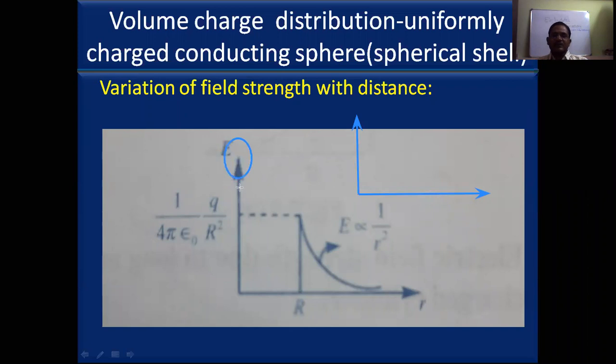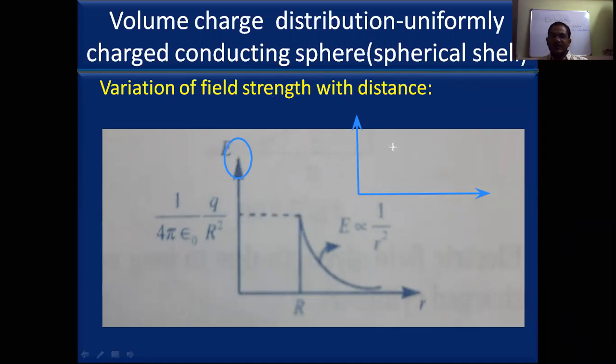This is the conducting sphere. At the center, there is no field strength. From the center to any point inside the sphere, up to the surface, the field is 0. Therefore, there are no points graphically. On the surface, the field strength is maximum. So what is this value?